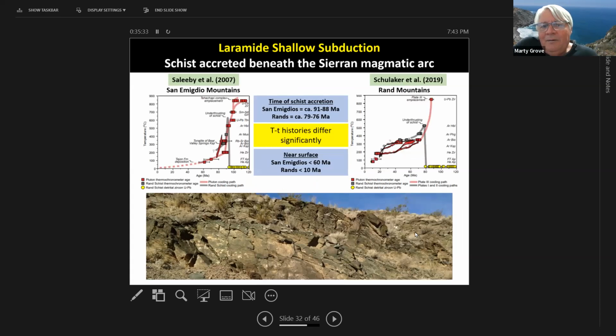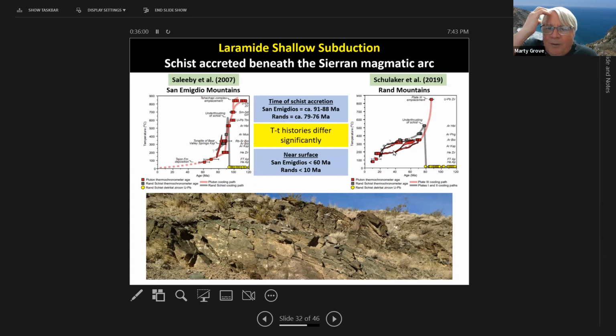What I'd like to do now is compare the results from the Rand Mountains, where we had the upper plate, Atoya granodiorite, in place at approximately 87 million years ago. Its thermal history is shown in red, and some of these thermal history results that I've obtained from potassium feldspar are also shown in red.